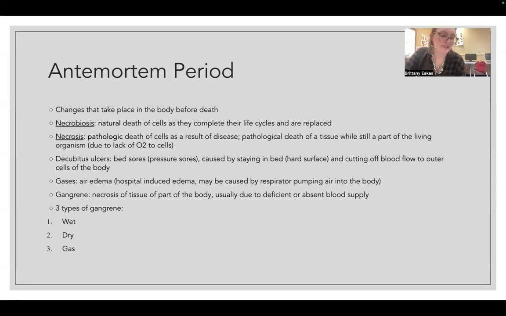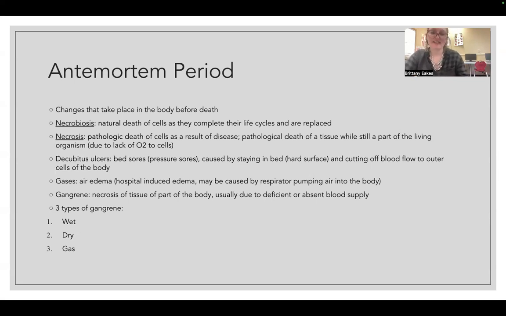The antemortem period is the period before death. So ante meaning prior to, mortem meaning death. These are changes that take place before death. So two terms you need to know: necrobiosis, which is the natural death of cells as they complete their life cycles and are replaced.